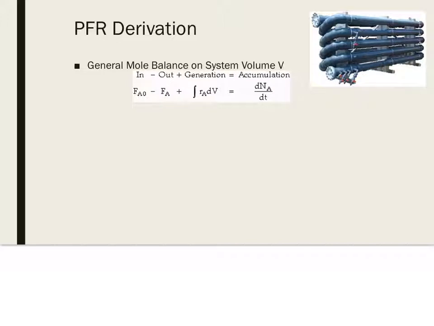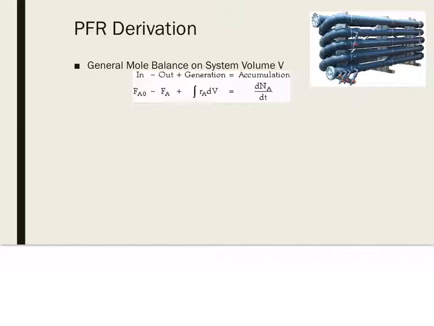So the PFR derivation starts with a general system volume V. As we can see in the image, the PFR is a reactor designed in a pipe shape.